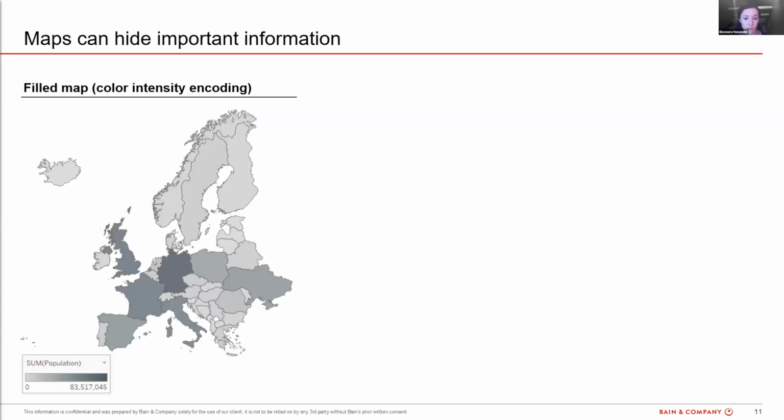Can you tell me how the population of Sweden is different from the population of Estonia? Is it roughly the same? Maybe twice different, 3 times different?